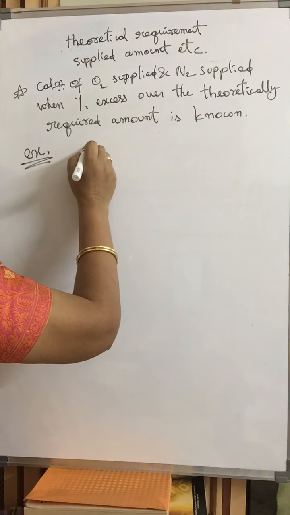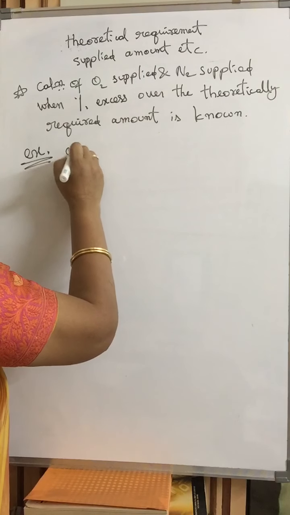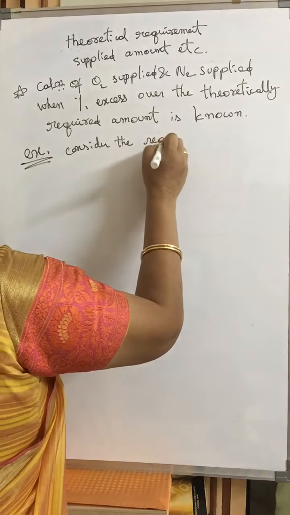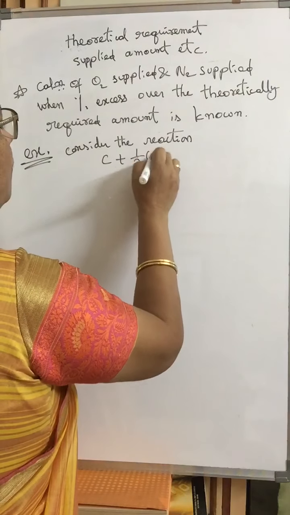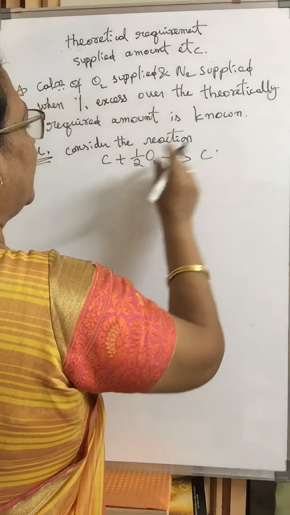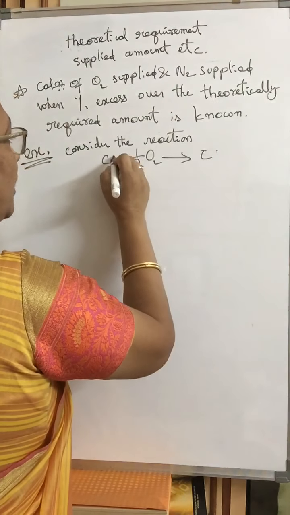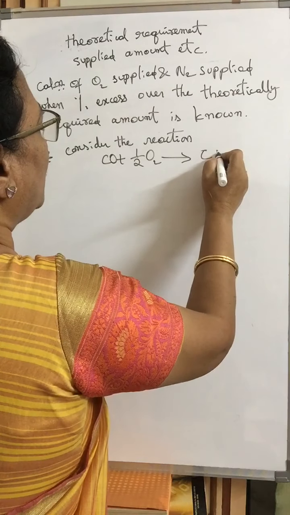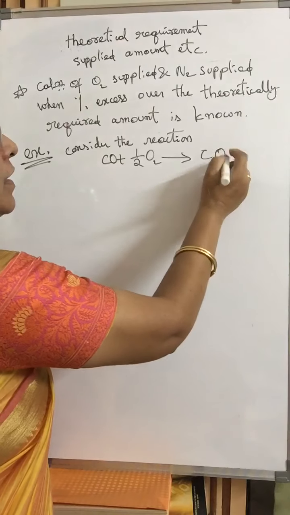Consider the reaction C plus half O2 gives CO. We also take the equation CO plus half O2 gives CO2. This is the reaction we are considering.